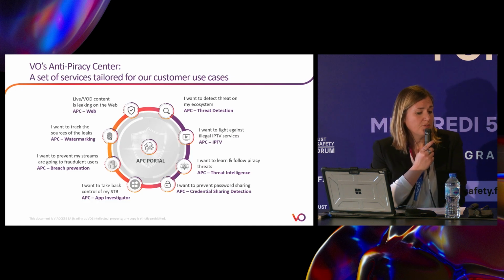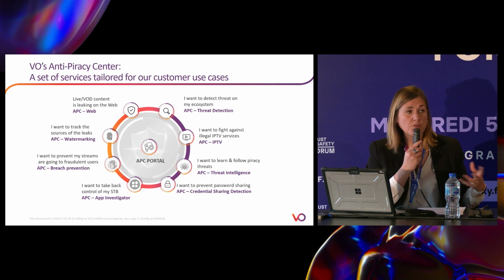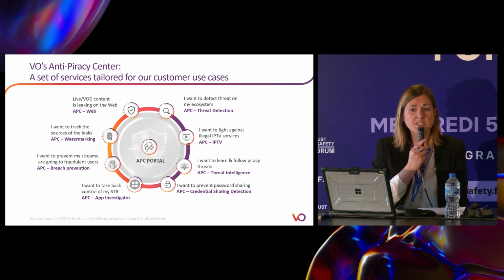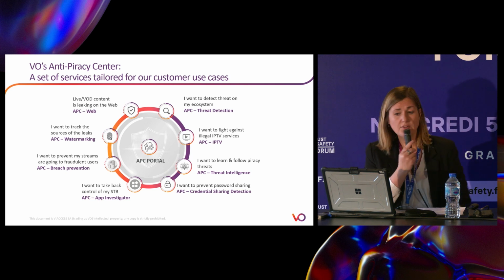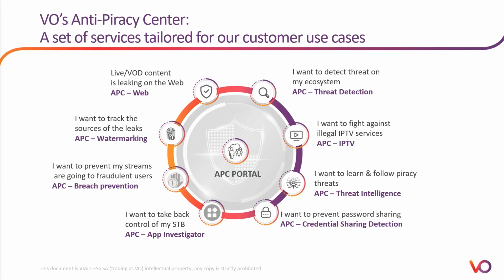To impact every piracy use case and situation, VO offers a set of anti-piracy services tailored to market needs. Here you may see our wheel of services, from the streaming infrastructure to the end device. In fact, VO is here at every step to help our customers protect their content. Our services combine the best of technology like watermarking, the most common solution, human expertise, automation, and machine learning to improve results.